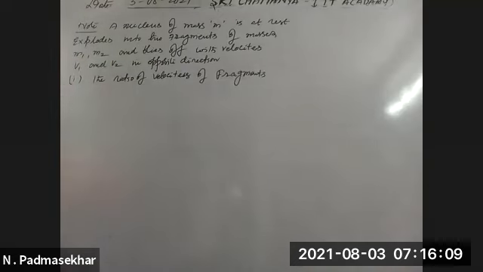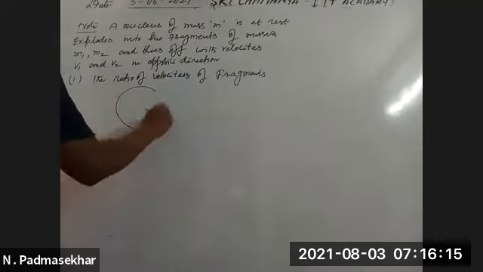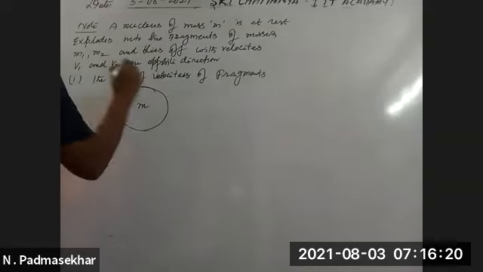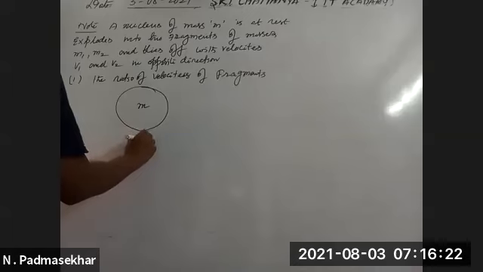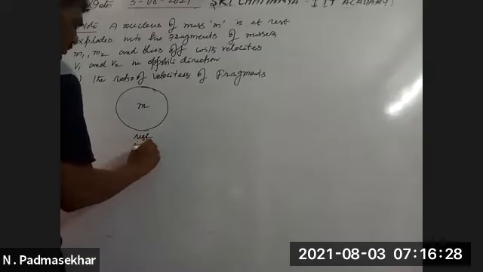Actually, here there is one nucleus of mass M. It is at rest initially, so the initial velocity is equal to 0.